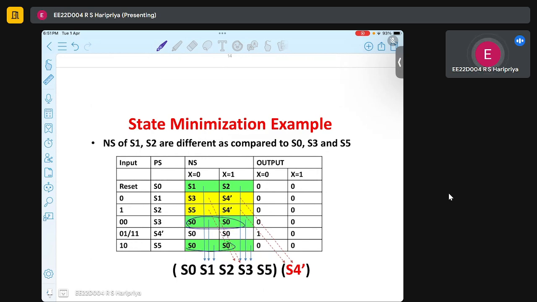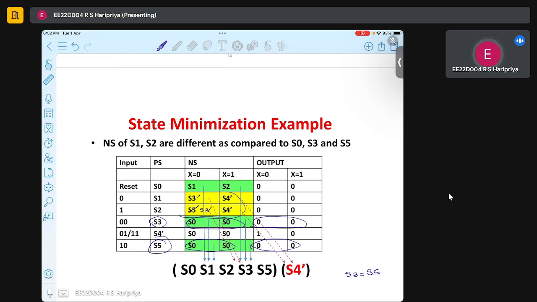Now these are having the same next state, so S3 is equivalent to S5, because this is also the same. So S3 is equivalent to S5. This is equivalent to S3 dash.